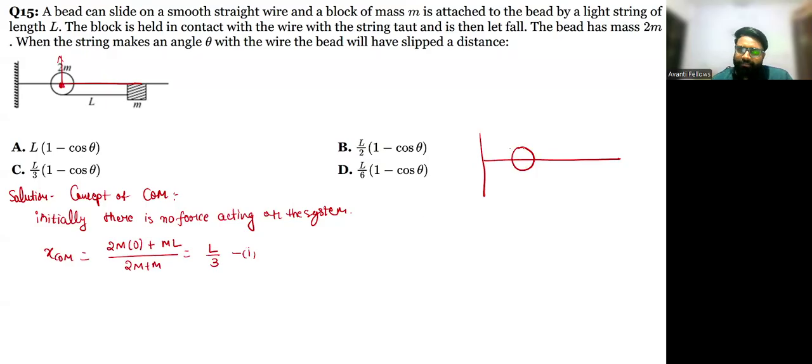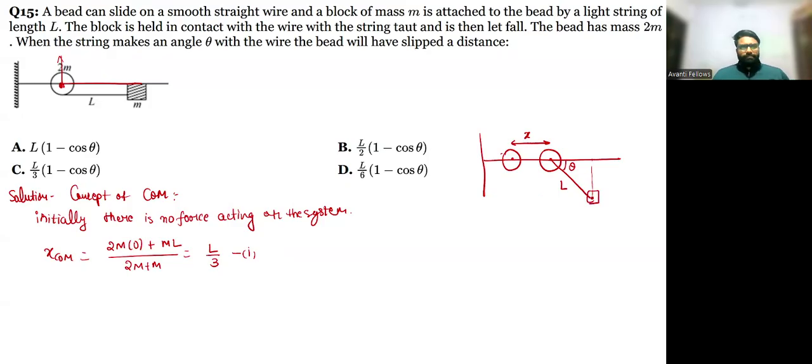Now let's say the bead has moved from its initial position to this position when the block has displaced at an angle theta. The bead has moved a distance x in this horizontal direction, while this distance is L, and the block we have here.